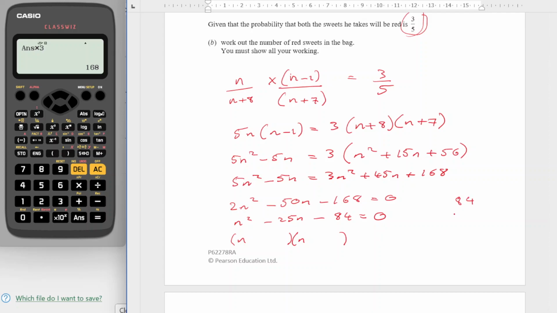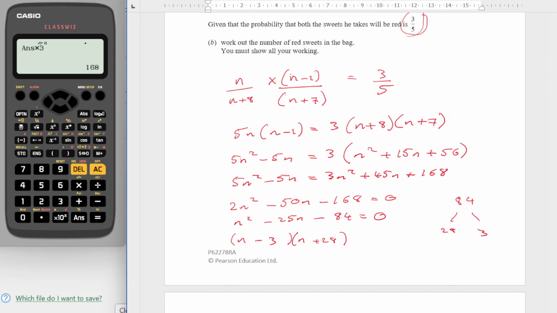So 84 divided by 3 is 28, and 3. 28 and 3, multiply, and then 28 minus 3, so I've got plus 28 and minus 3.